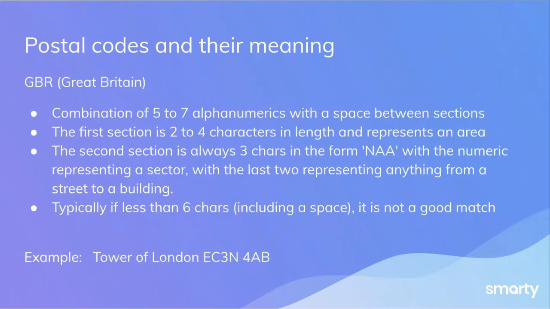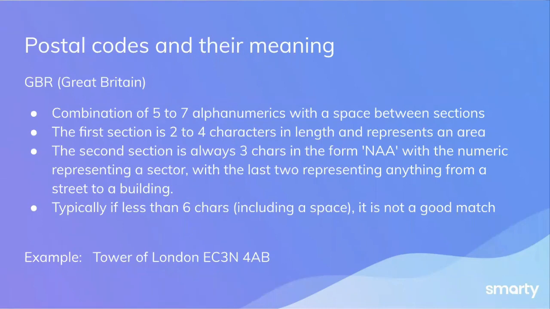Great Britain is a little bit more complicated. I guess they've been around longer. Anyway, it's a combination of 5 to 7 alphanumerics with a space between the sections. The first section can be anywhere from 2 to 4 characters in length, and it represents just a general area. And that probably also represents a country, whether it's Ireland or Scotland or what have you.